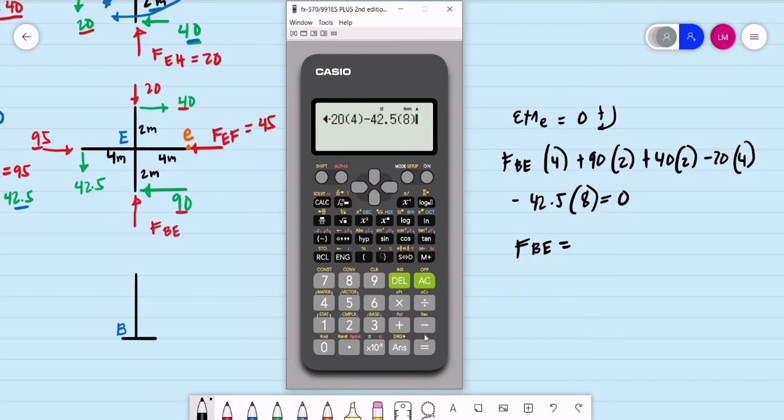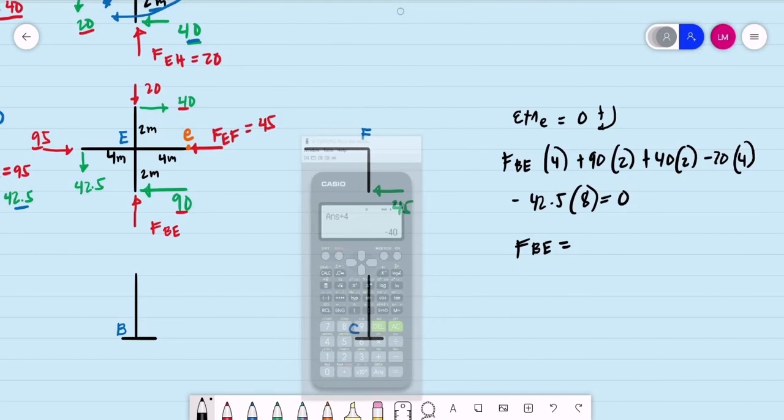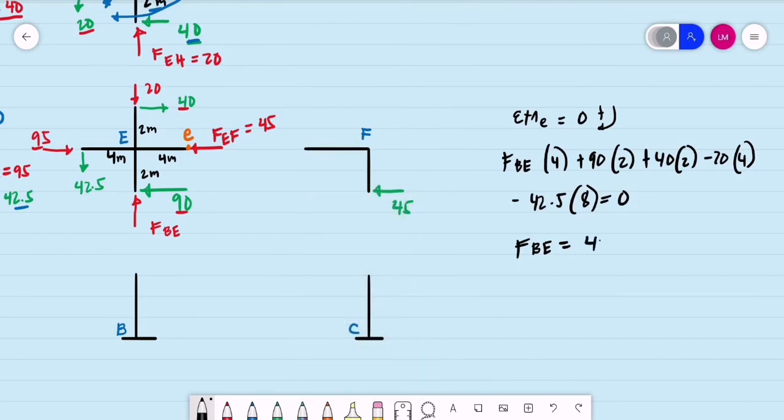This multiplied by 8. It's negative 160, to be transposed, that will be positive, to be divided by 4. So we have the axial force is 40 kilonewtons. So correct assumption, this is equal to 40 kilonewtons upward.